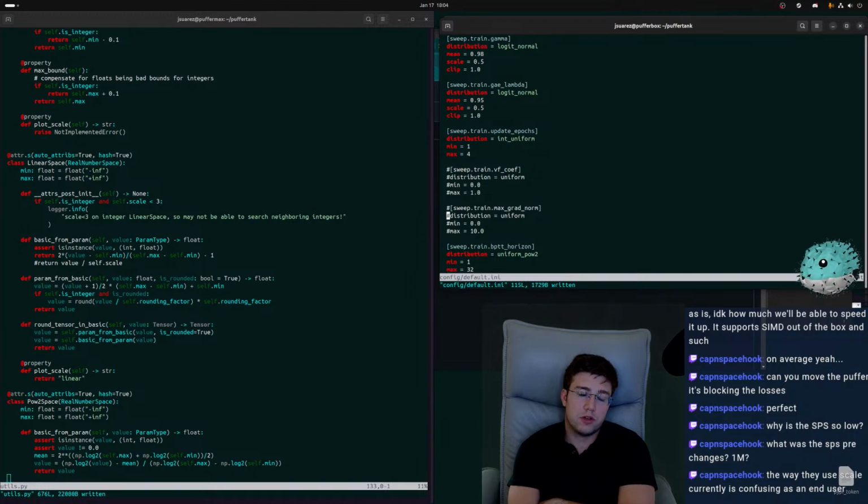This scale's pretty good. Is their default actually good? I think their default might actually be good. I mean, it kind of depends on the parameter. 0.3.